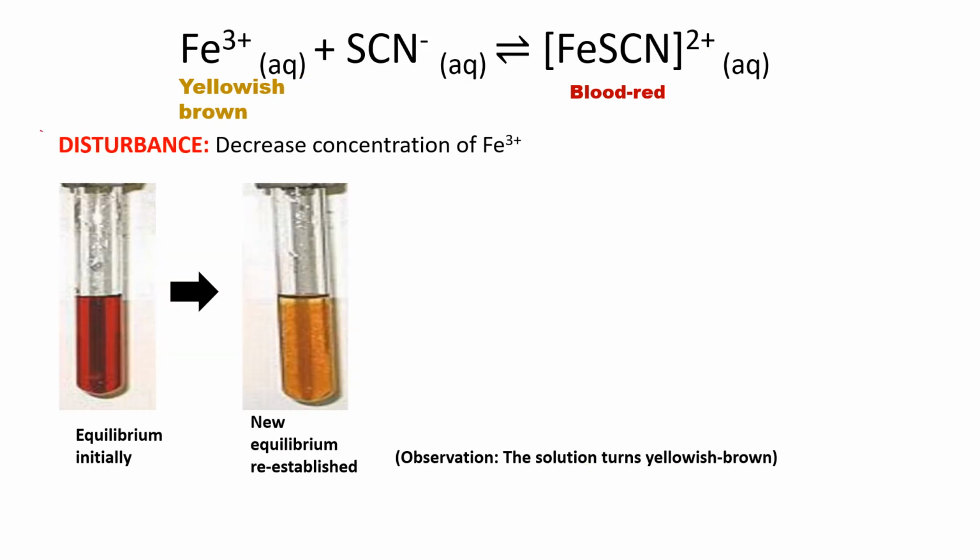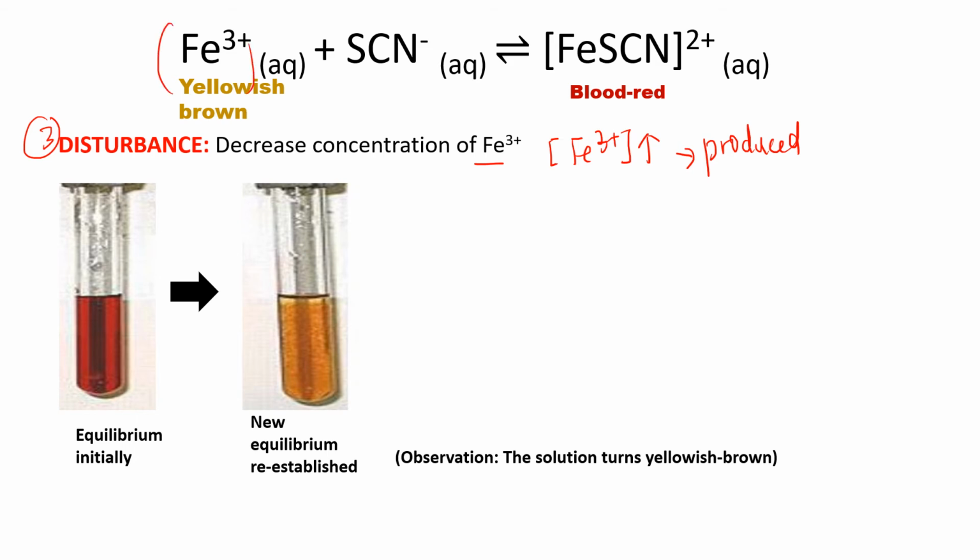Okay, how about the third case? The third case is we decrease the concentration of Fe3+. So once you decrease the concentration of Fe3+, meaning that you must increase the concentration of Fe3+. How? You must produce it. So according to the equation, how do we produce more Fe3+?